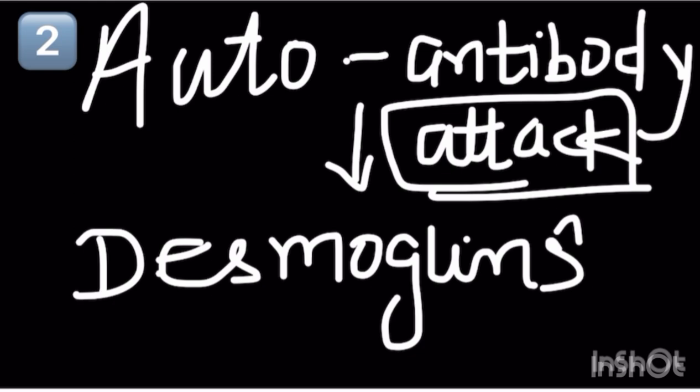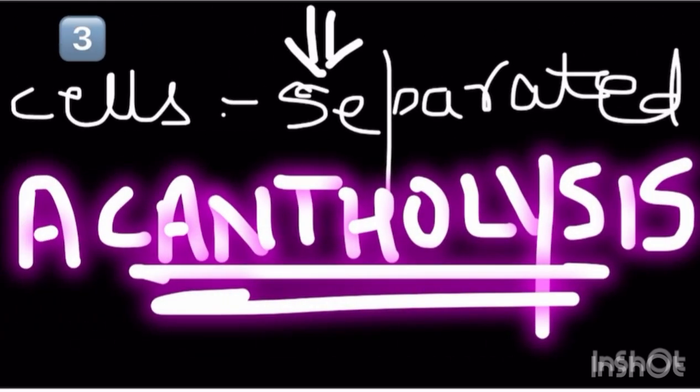And when they attack the desmosomes, the epithelial cells get separated, and thus the process called acantholysis. Desmoglein 1 is seen in the superficial layer of epidermis, and 3 is seen in the parabasal region of epidermis. And as a result, blisters are formed which then turn into ulcers.